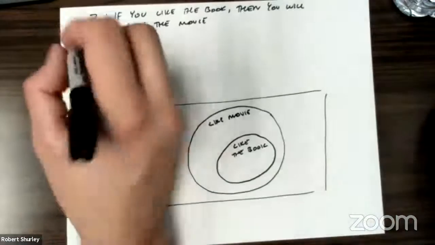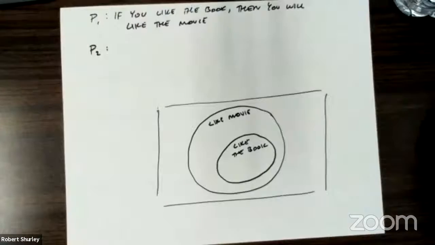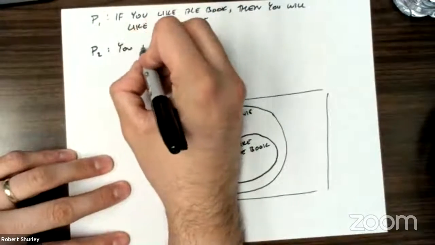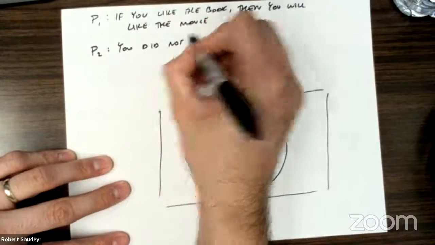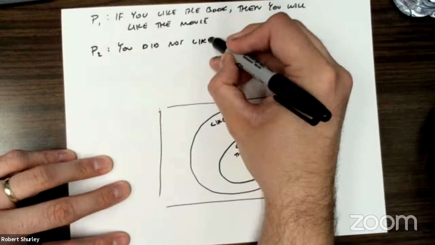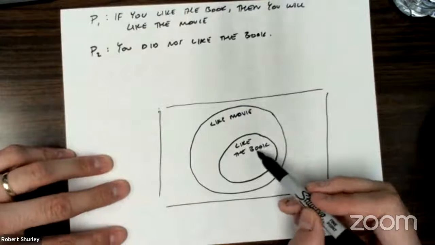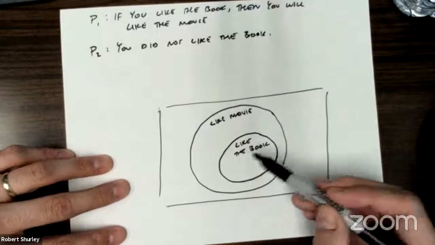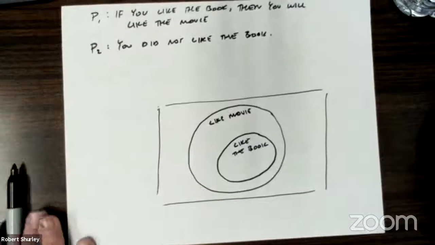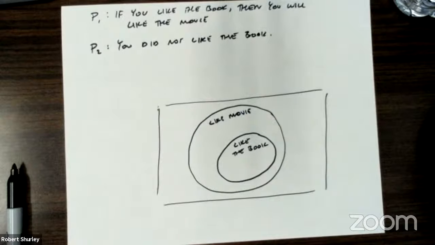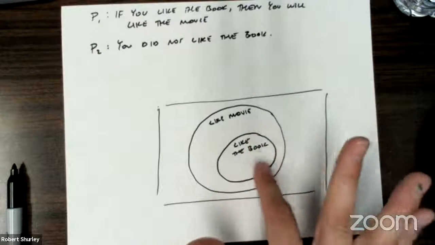So the second premise is that you did not like the book. So look, you're not in this bubble here, right? You read the book and you're like, this book is garbage. So you're just not going to be in this bubble, the yolk.